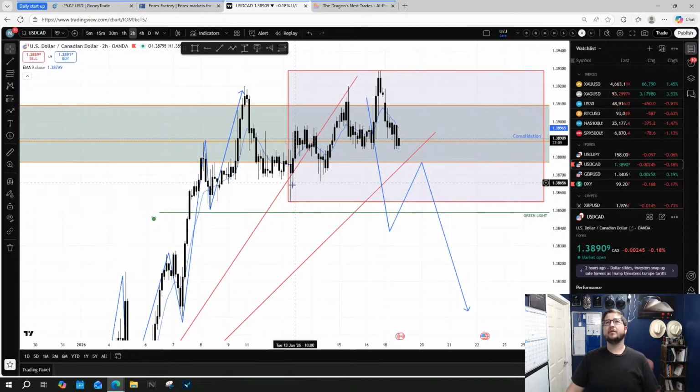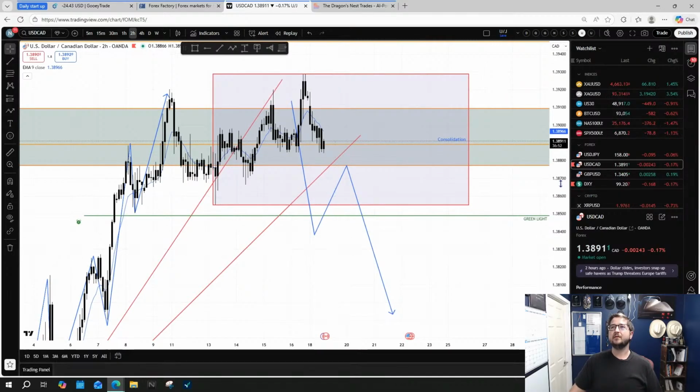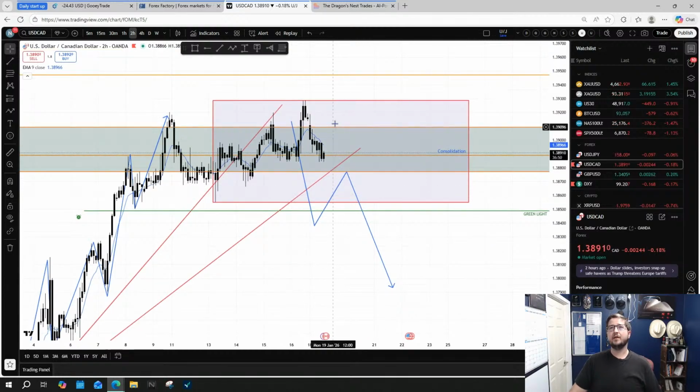So we are at this area where we are creating kind of like this double top. We broke out from this top, but now we're creating this hesitation near the bottom. After this gap in the market, we started pushing down. So I'm still expecting that we're going to create a lower high and then we're going to continue lower. So that is currently what I'm thinking right now still.